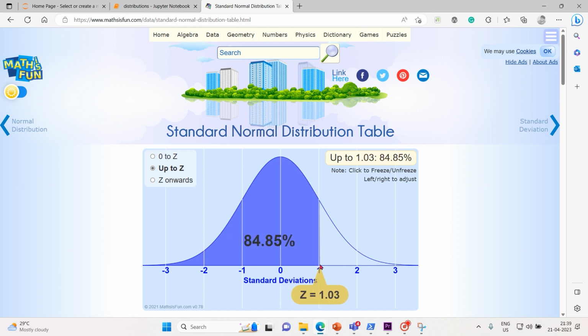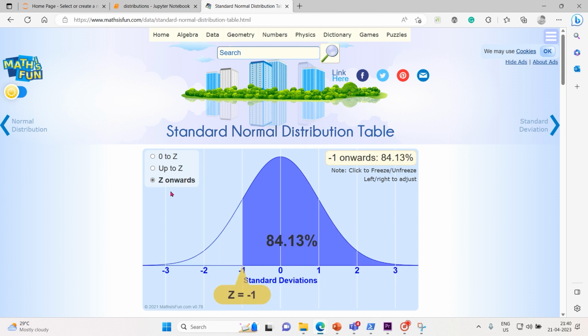Then 1 from Z up to Z. See, I started from left to right. That's why it will calculate everything, so that is also very important when you're taking Z scores. 1.03, 84.85 percentage. Then 2.98, 99.86 percentage.